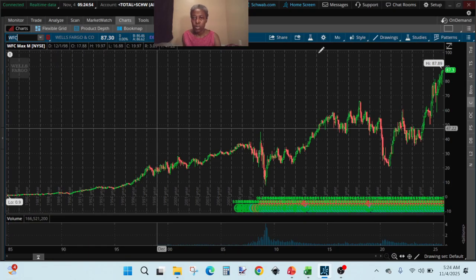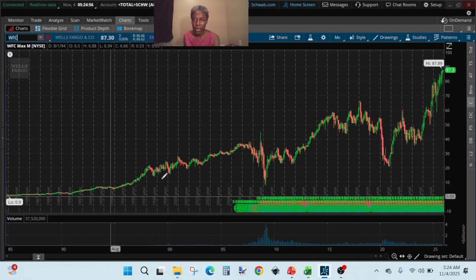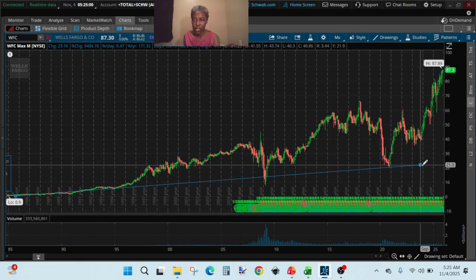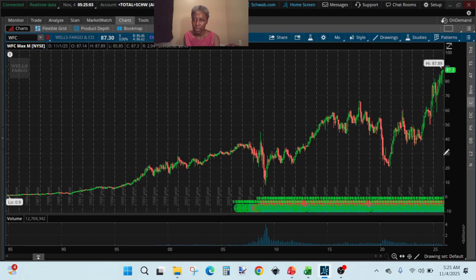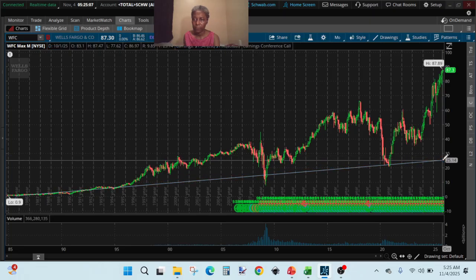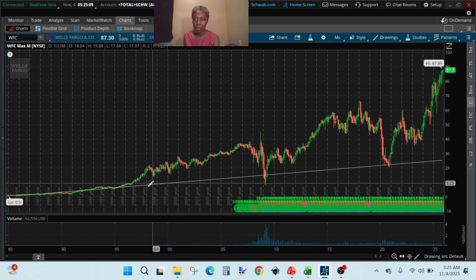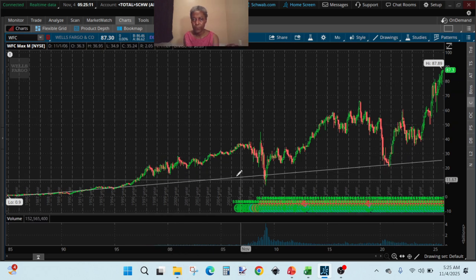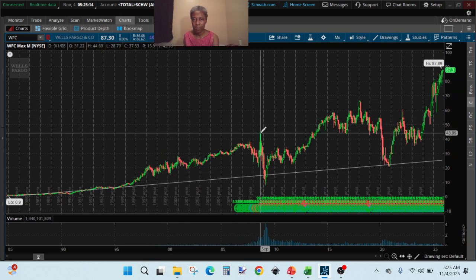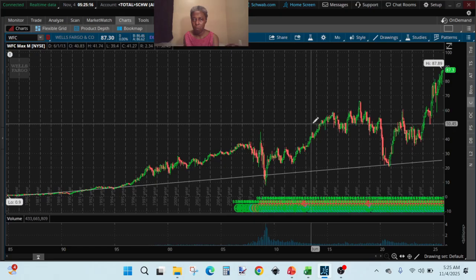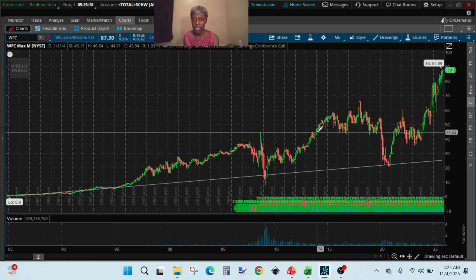WFC. So WFC is going up, but let's see if we have a clear value line here we can work with. Okay, that is low. So when we are looking at it, we have this peak, and reaching it, 1, 2, 3, 4, 4.5 years later, it exceeded it.